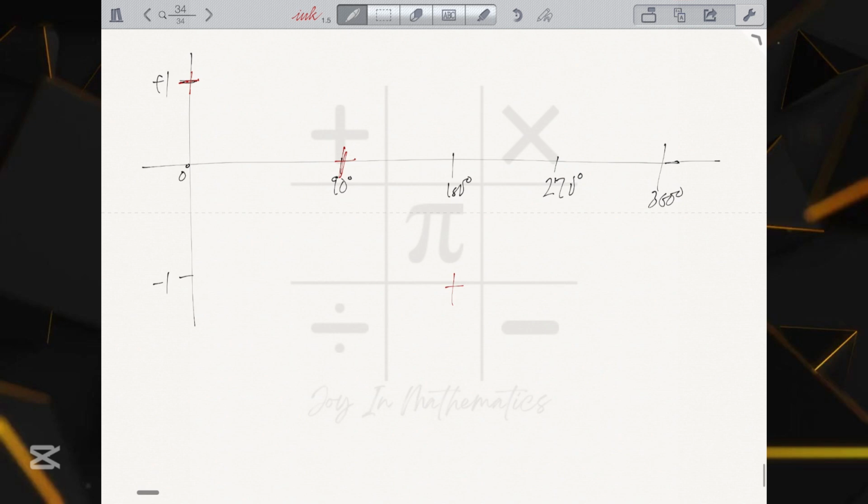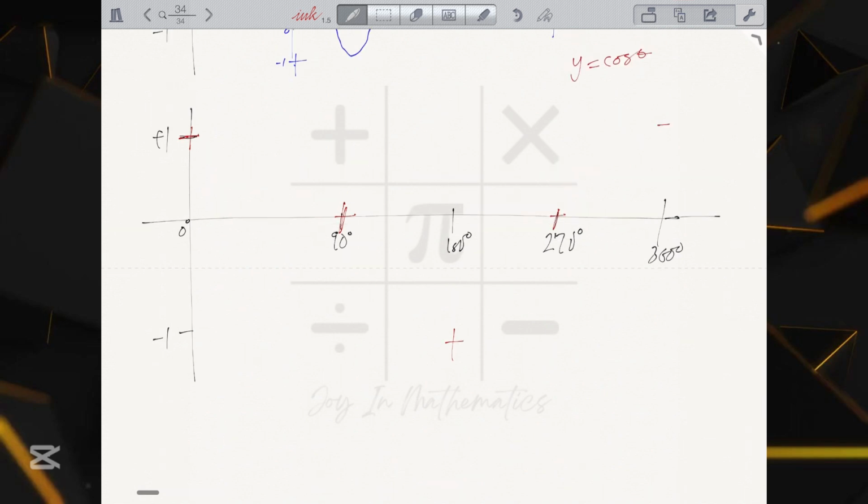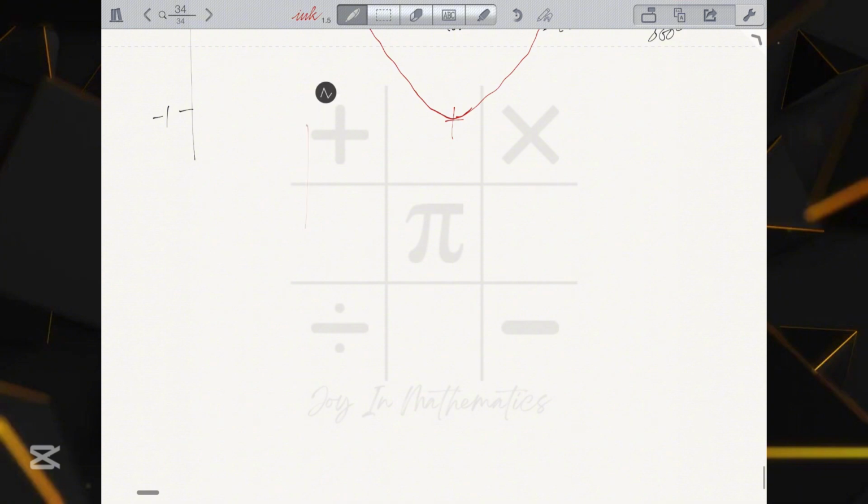So from here it goes back to 0 and back to plus 1. Drawing the graph for cos theta, it starts from 1, comes to 0, then turns in a sinusoidal wave curve, goes back to 0 and to minus 1, and back to 1. This is y equals cos theta.